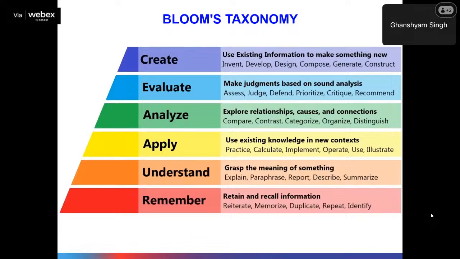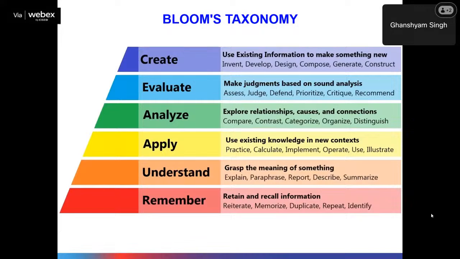Similarly, for analyze, to check their analytical ability, we need to explore the relationship, the causes, and the connection. We may start our question with compare, contrast, categorize, organize, or distinguish. Similarly, to check their evaluate capability, we need to make judgment based on sound analysis, like assess, judge, defend, prioritize, critique, or recommend.